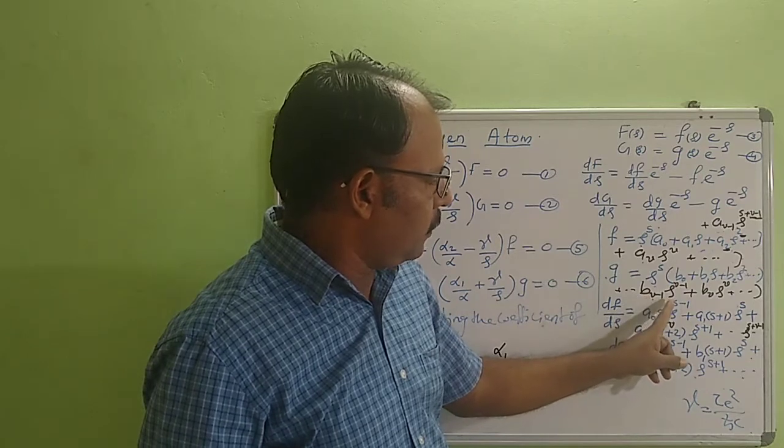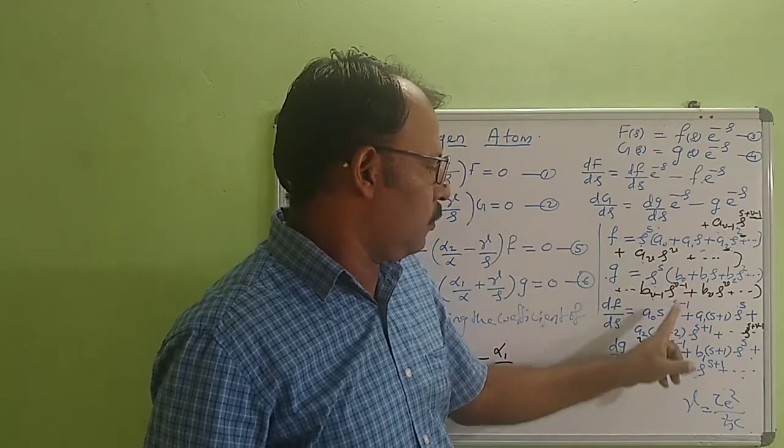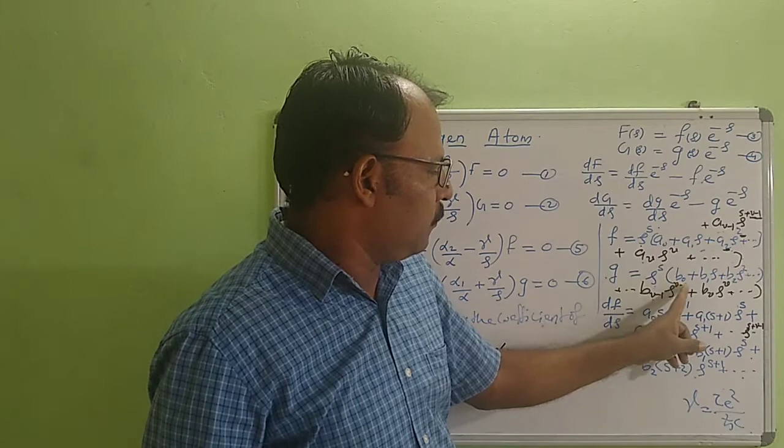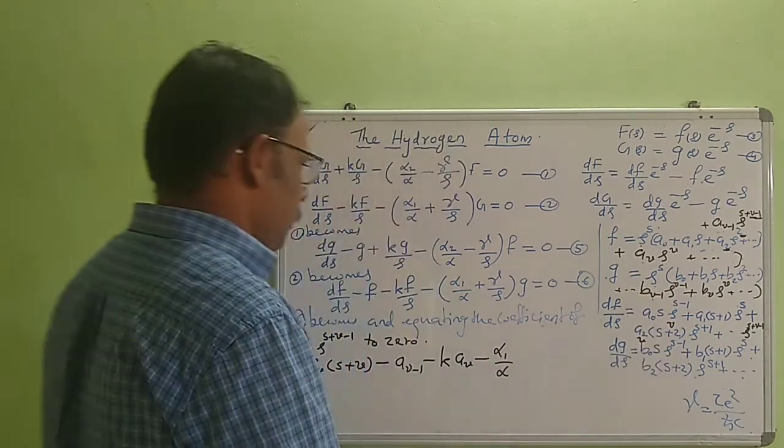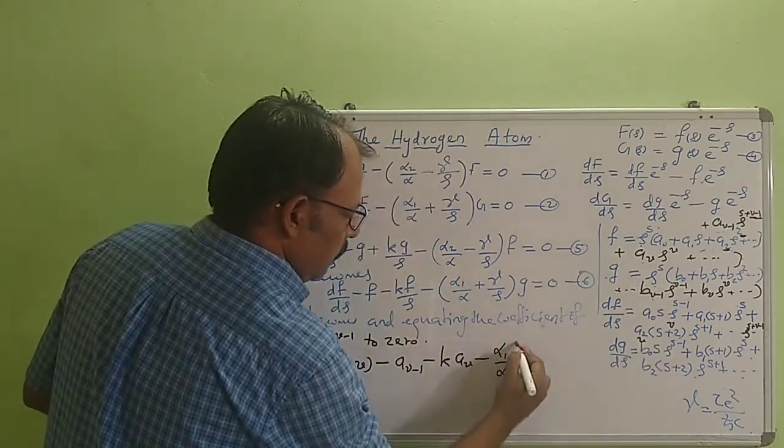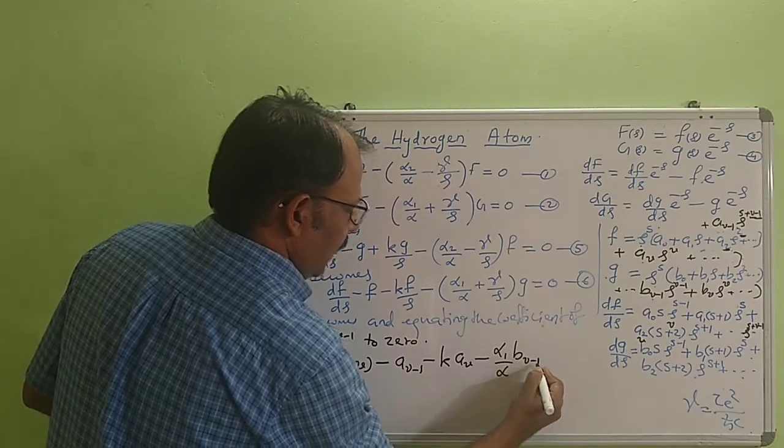It will be bv minus 1 rho raised to s plus v minus 1. So the coefficient of s plus v minus 1 will be bv minus 1.